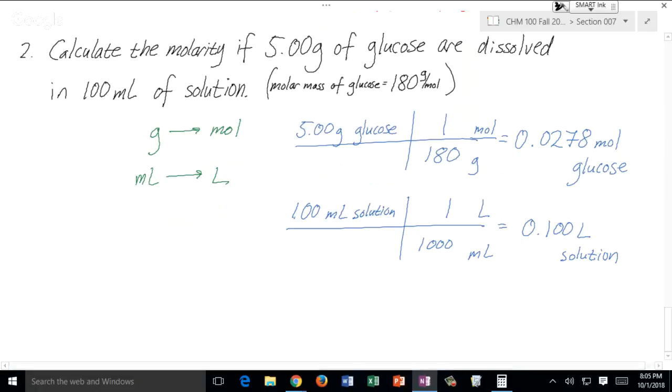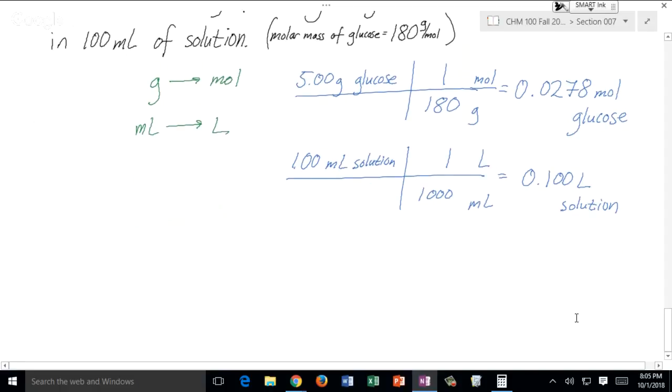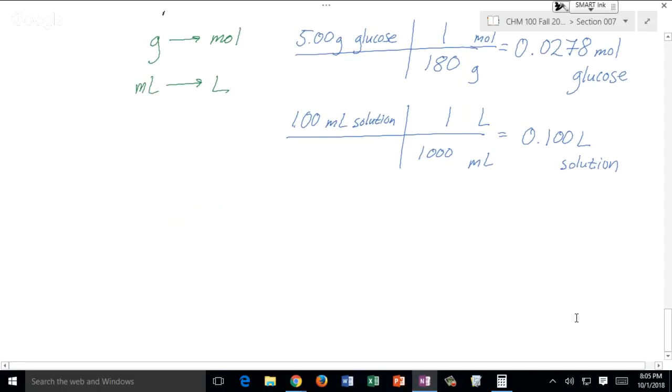So the key to these types of questions is you always need your solute in moles and your solution in liters. Now that we have those two, we can solve for the molarity.